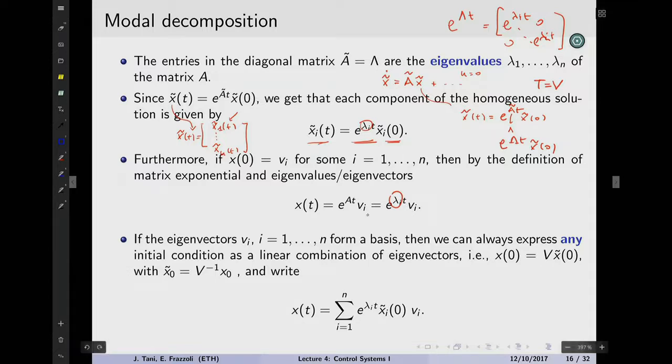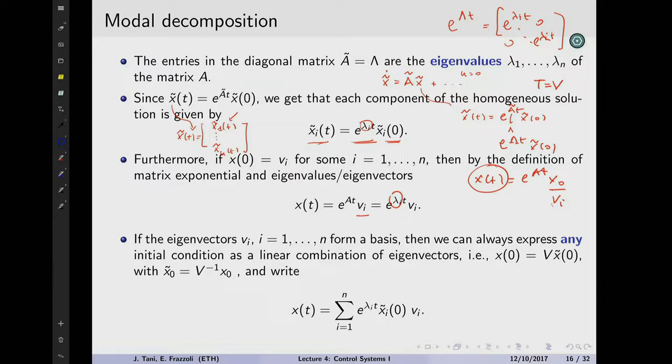So basically, if we have x of t equals e^(At) x₀, but we choose x₀ to be one specific eigenvector, then the whole system, so all the possible state variables, will only evolve along the direction given by that eigenvector, at the rate given by the eigenvalue associated with that direction.